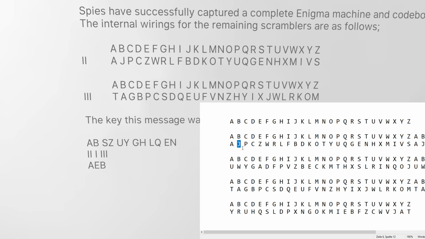I'm very confident about the 2, 1, 3 being the order because the labels are there quite clearly for the scramblers. I don't know what AEB is at the end though. And obviously I just don't know what the letter pairings are supposed to mean. So, yeah.